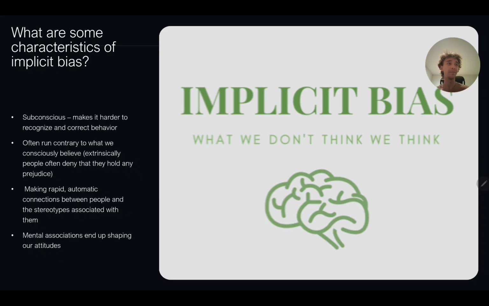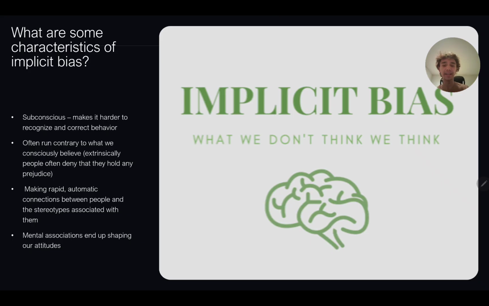So if people ask us, "Are you racist?" the natural response would be, "Obviously not. I'm not." But those are our extrinsic beliefs. Unfortunately, implicit bias is rooted deeply within ourselves, so we're not aware of it.